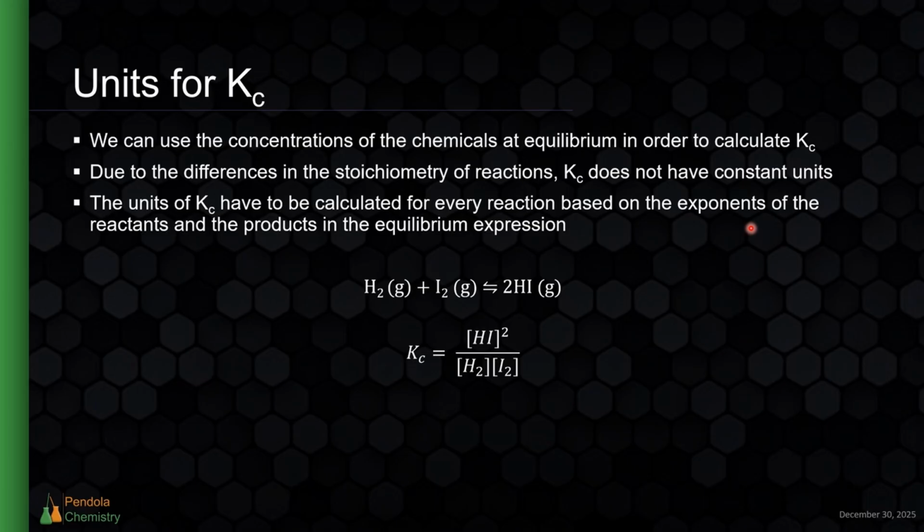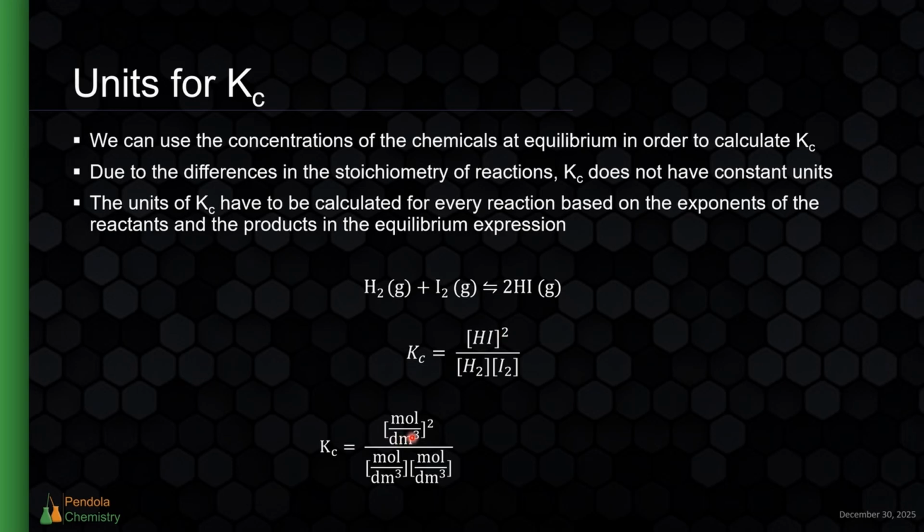This is the equation we were working with earlier where hydrogen and iodine react to make hydrogen iodide. The equilibrium expression we saw for this reaction was HI squared divided by H2 times I2. Well, if we plug in concentration units in this equation, any concentration is always going to be moles per cubic decimeter for Cambridge.